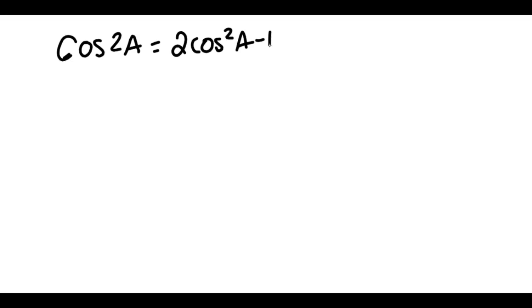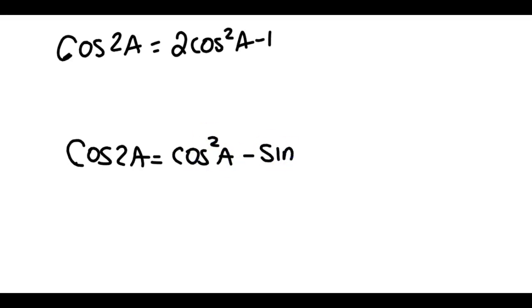But if you actually wanted to solve that out, if you didn't know that, we could say we were given that first initial one, which was cos squared A minus sine squared A. Okay, so say we wanted to get rid of this sine.